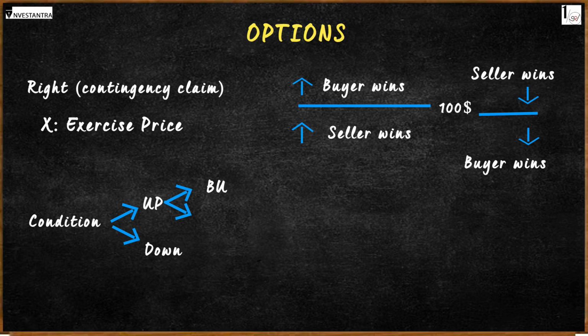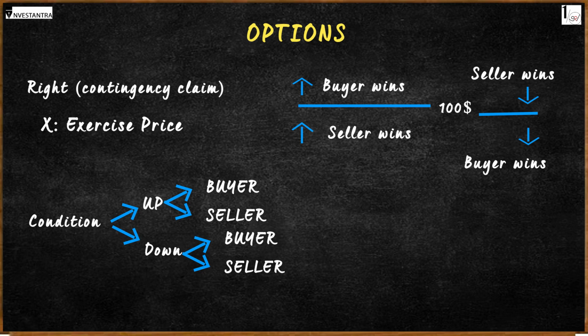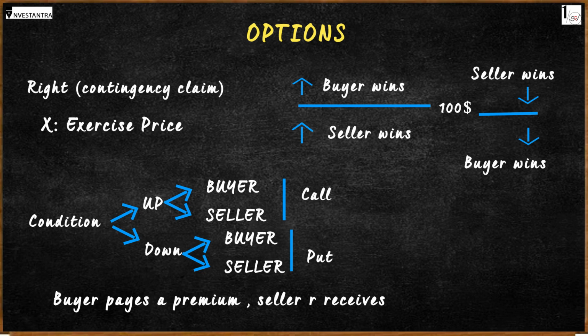That means for the up condition, there's a buyer and a seller, and for the down condition, there's a buyer and a seller. This up condition is called a call option. The down condition is called a put option. Remember, the buyer pays a premium. The seller receives the premium.